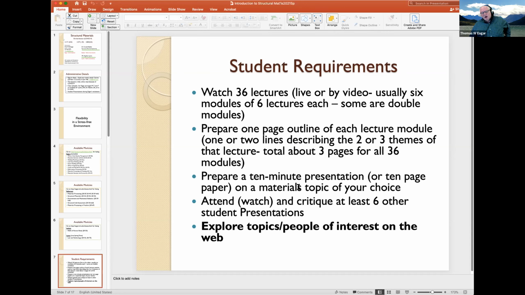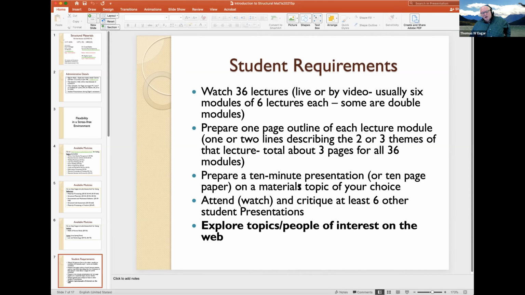This is your chance to teach some of your fellow students something that you care about. It can be how to cook pizza. I don't care. If that's something that you have some particular knowledge of or have practiced, but we want you to attend or critique at least 6 other student presentations.